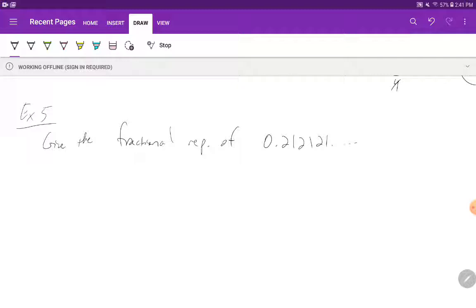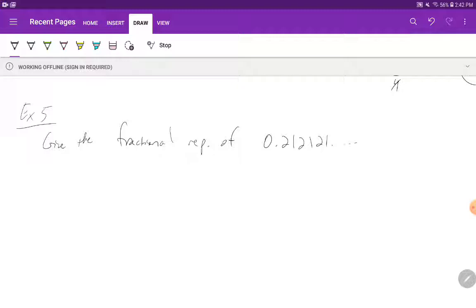Without a calculator, obviously. And in fact, this can kind of explain what calculators do to turn repeating decimals into fractions, right? I know you guys are used to pushing the math frac button or function button in your calculator, but we're going to use geometric series to actually prove it.